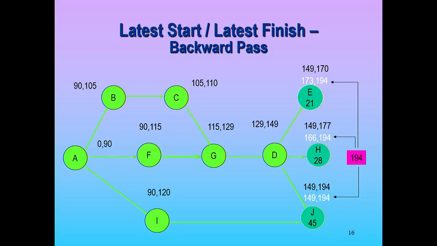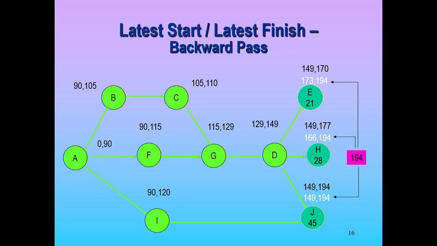Their late finish is all going to be 194, because if they all finish at 194, the project still got done at 194, right? And we didn't say they had to finish early, we just said everything has to be done by day 194. So 194 minus 21 gives me 173. 194 minus 28 gives me 166. 194 minus 45 gives me 149.